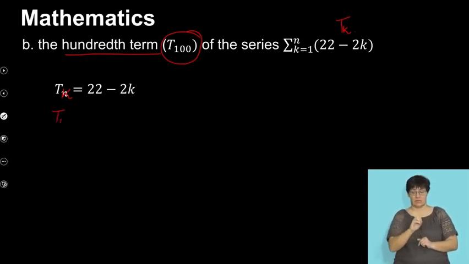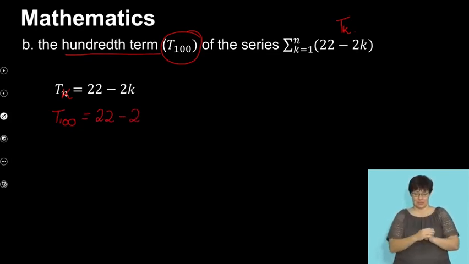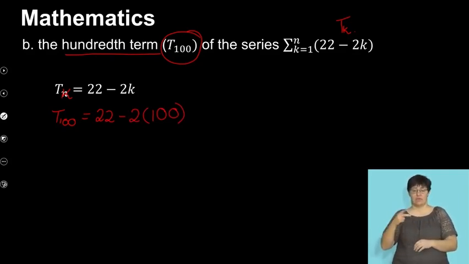So the 100th term means that I need to substitute in 100 for k. So I'm going to have 22 minus 2 times 100. Substituting in k is equal to 100 will allow me to find the value of the 100th term.